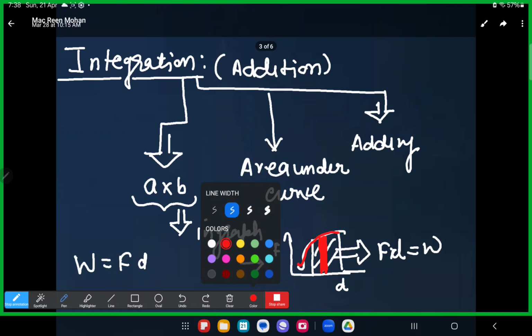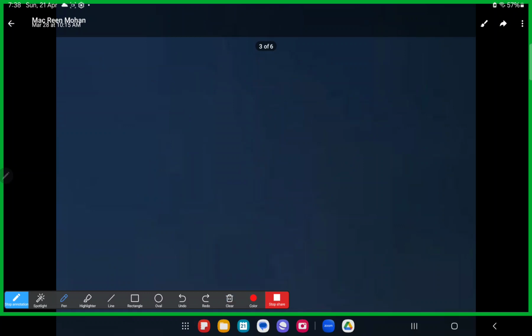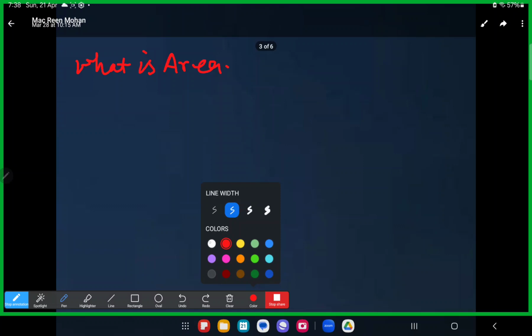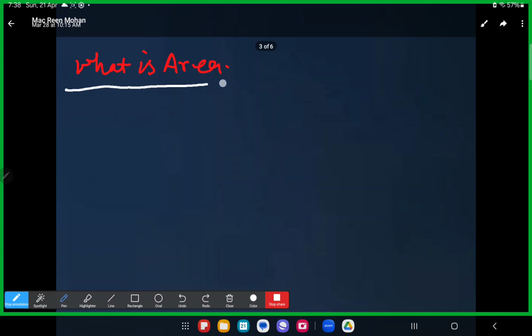Now let's quickly sum up what is area. Now once we are talking about area, so area will be calculated for two specific shapes.